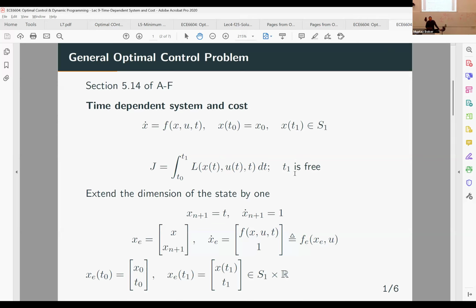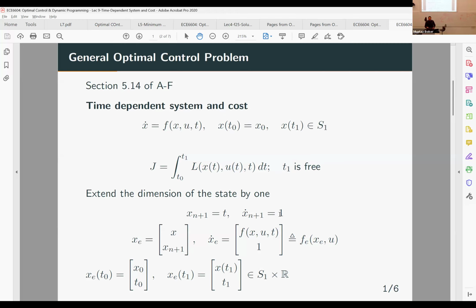In this case, the trick is to treat time as a state. So if you have an n-dimensional system, extend the dimension of the system by 1, and call the n+1 state time. If you differentiate that, x dot n plus 1 is equal to 1.